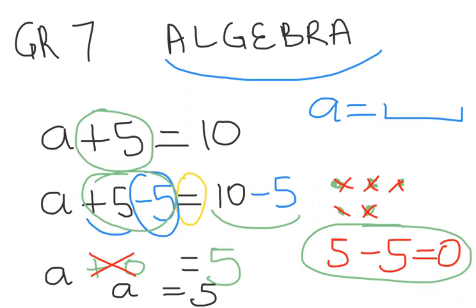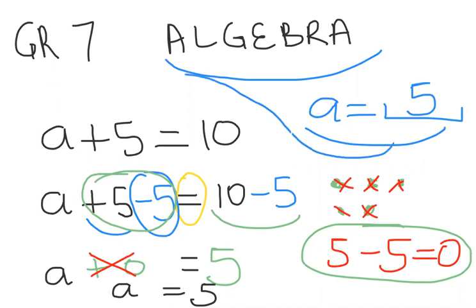Is it right? Let's test it. And this is, let's put it here on top as well. A equal to 5. So let's test something. So we work out a equal to 5. So let's put this here where a is standing. So if you put that 5 over here, now you have 5 plus 5 equals 10.